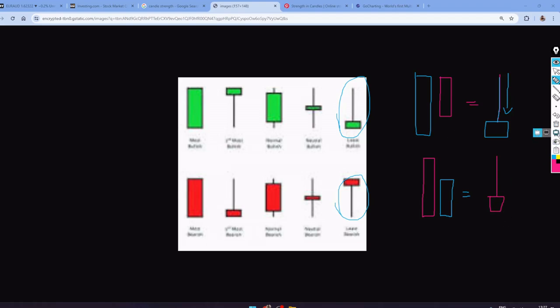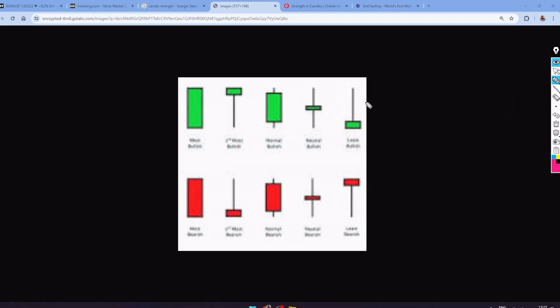Oh, sorry, I have drawn it wrongly. I'm sorry. It is like this, right? So this looks like a red candle, but it is not a red candle. There is buying pressure created here. So buyers are entering, we can say.